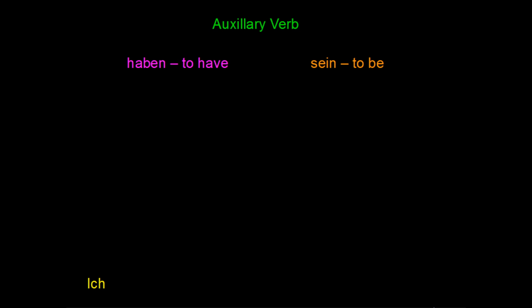You can only use haben in some cases and sein in others, and you need to know when you can and when you can't use haben and sein. You need to know when it's right to use which one. Now we're going to try and explain that now. To do that, we need two sentences. We use ich spiele Fußball and ich gehe joggen.